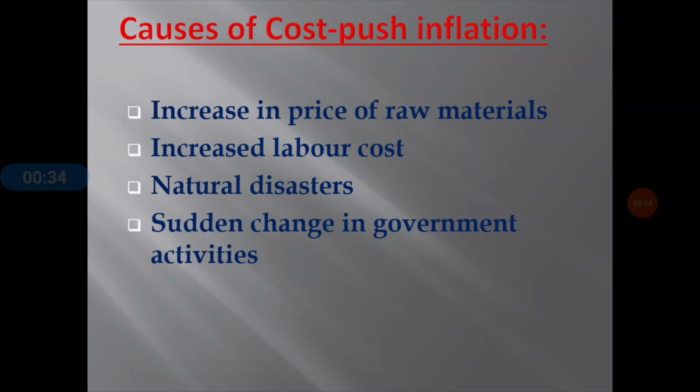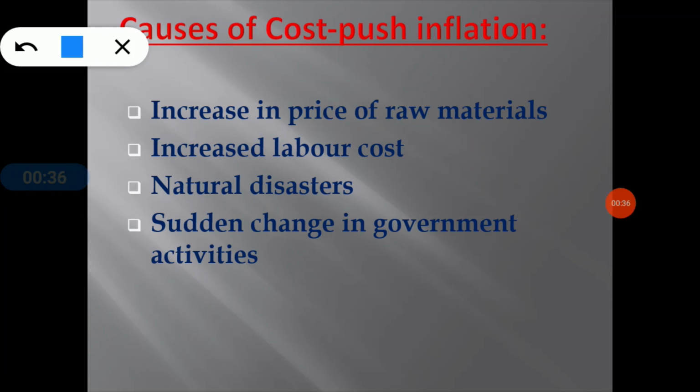Now going to the last cause of cost push inflation, that is sudden change in government activities. Government-induced increases in production cost are more often seen in developing nations, and consumers will have to pay the amount; it is a burden to the consumer.